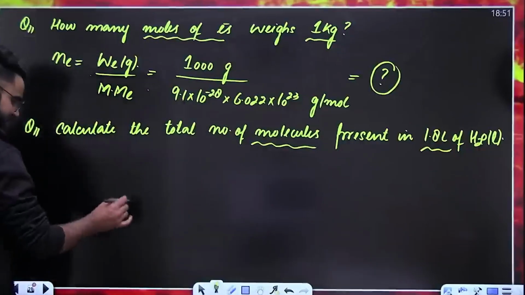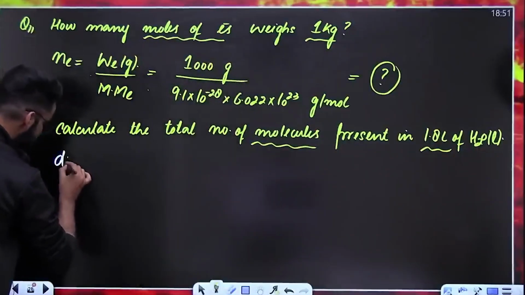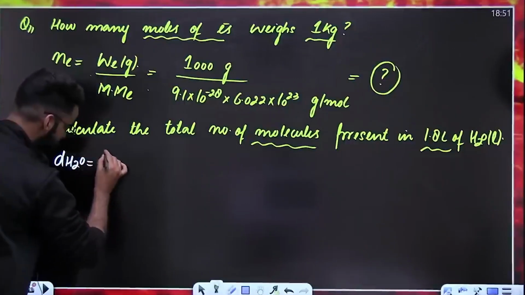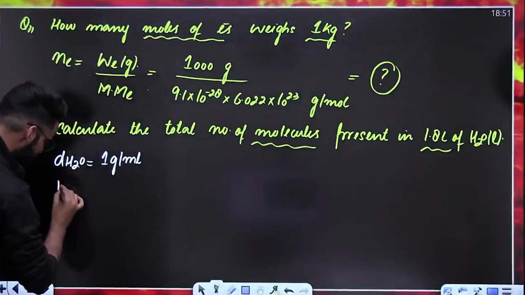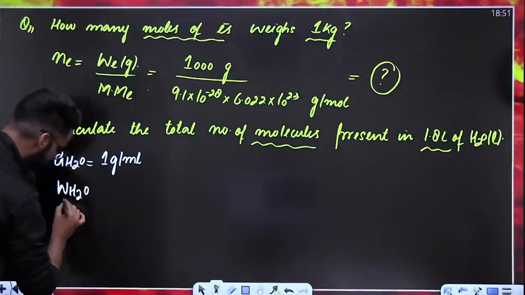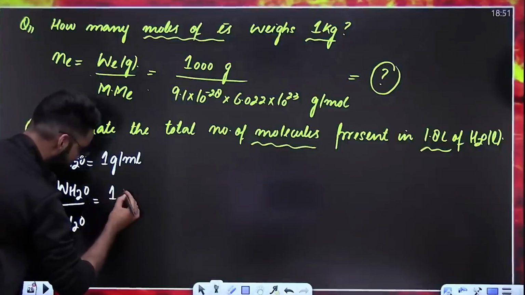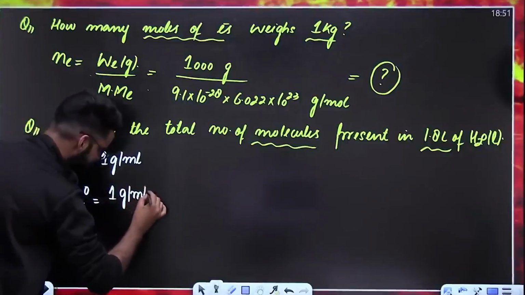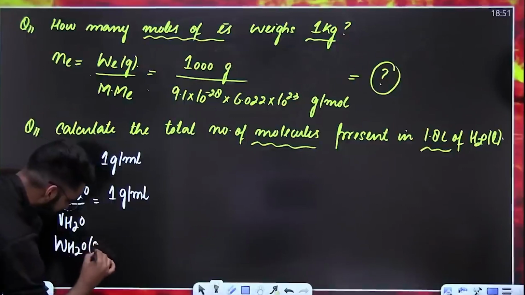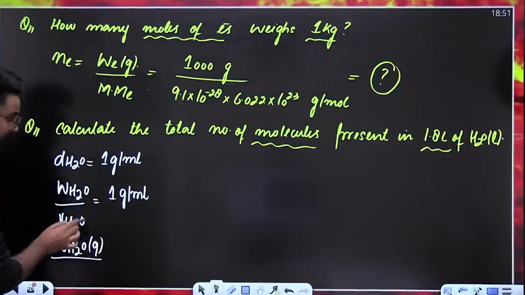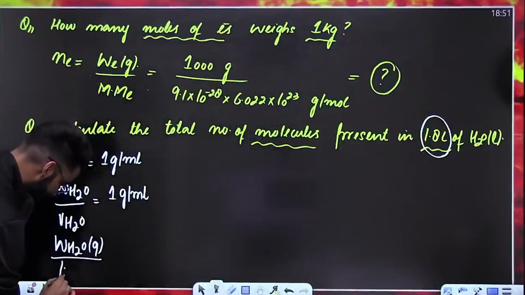Simple. You must be knowing the density of water. Everyone knows it: 1 gram per ml. Instead of density of water, I can write mass of water in grams divided by volume of water in ml, and this value is given as 1 gram per ml. The volume of water is 1800 ml.